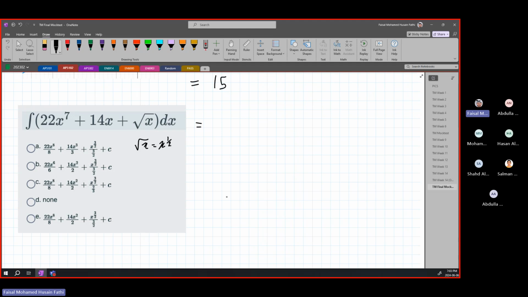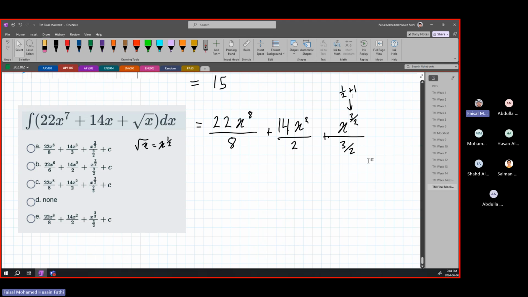So when we do this integration, it is 22x power 8 over 8 plus 14x squared over 2 plus square root of x is x power half, so it's going to become x power 3 over 2 over 3 over 2. Remember that 3 over 2 is just half plus 1, all right?